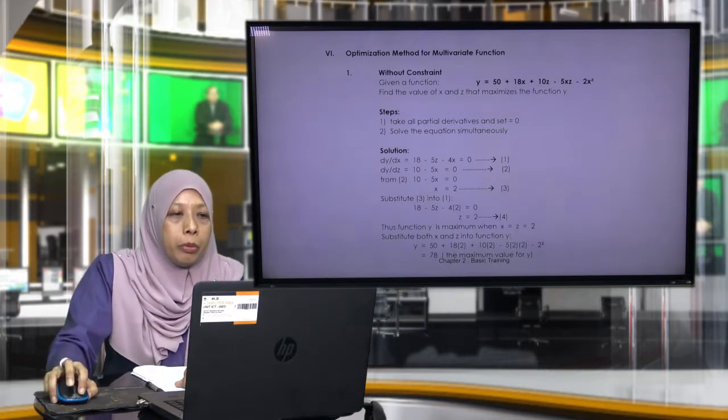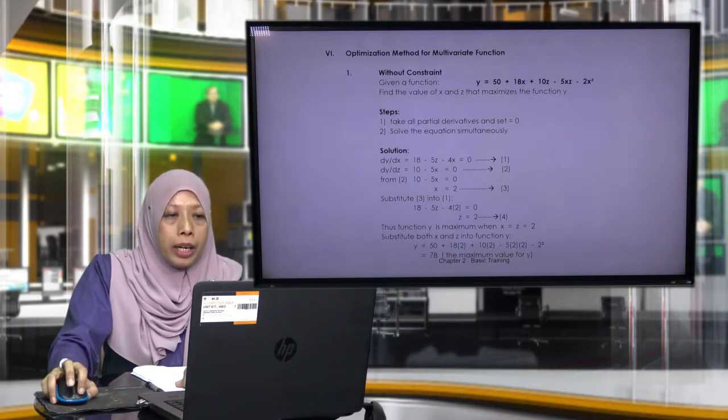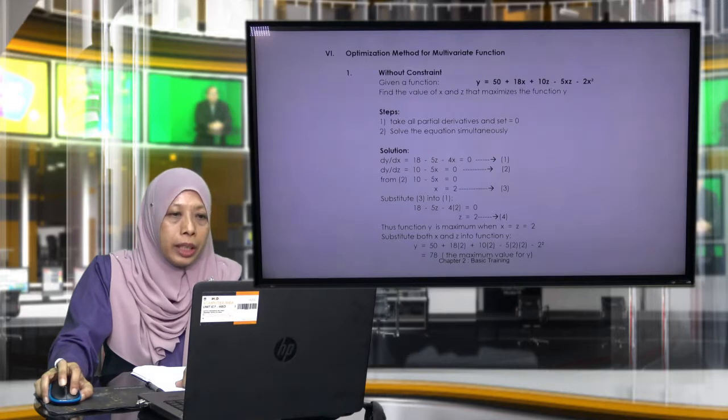Now we have here a function where y equals 50 plus 18x plus 10z minus 5xz minus 2x squared.